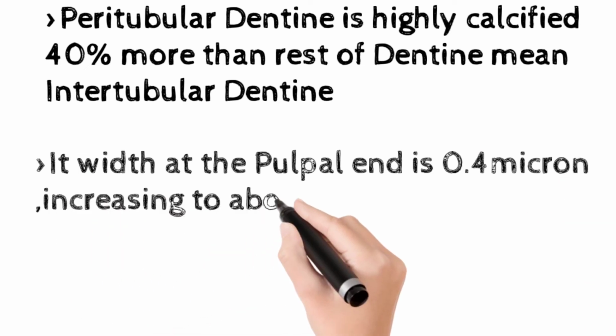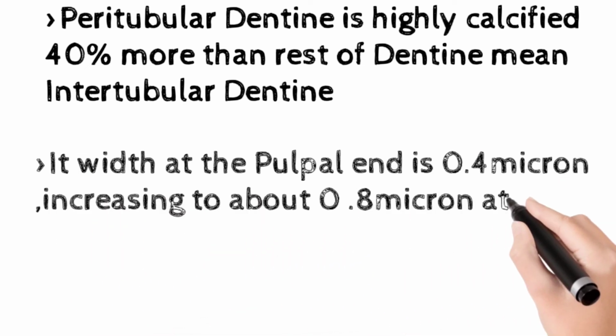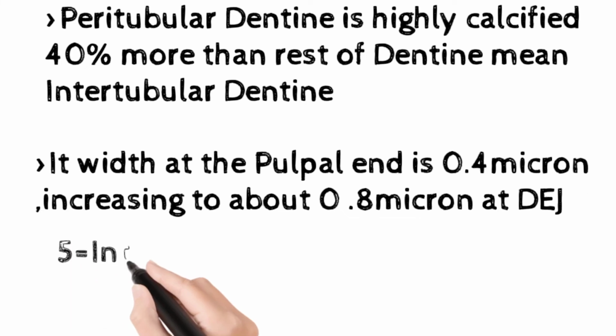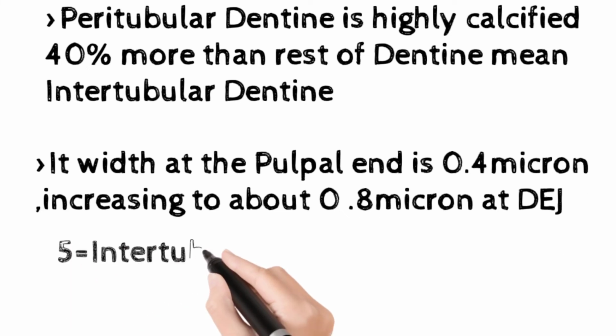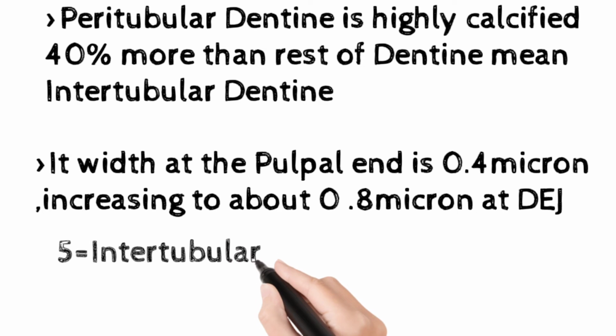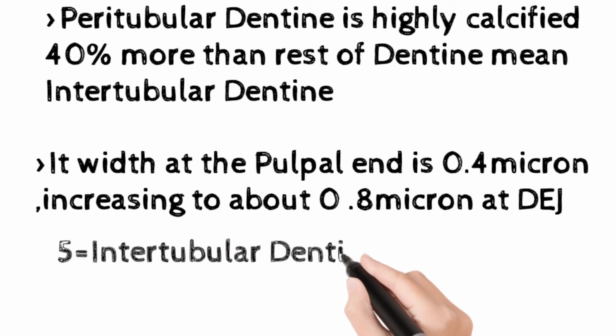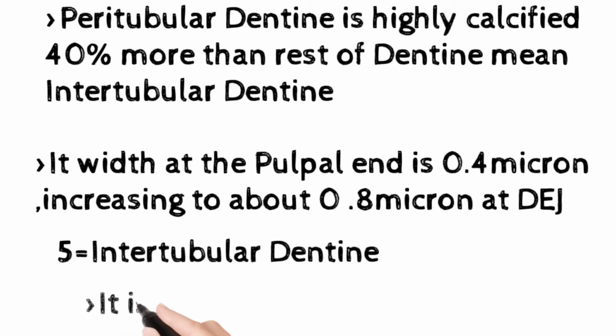The width at the pulpal end is 0.4 micron and it increases to about 0.8 micron at the dentinoenamel junction of peritubular dentine.